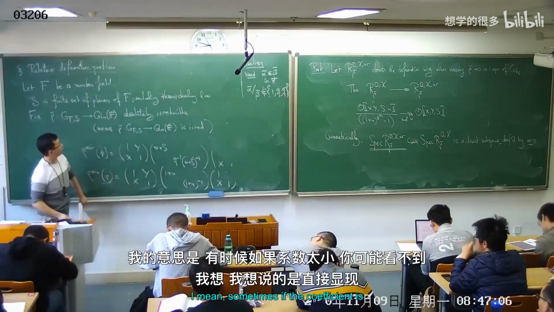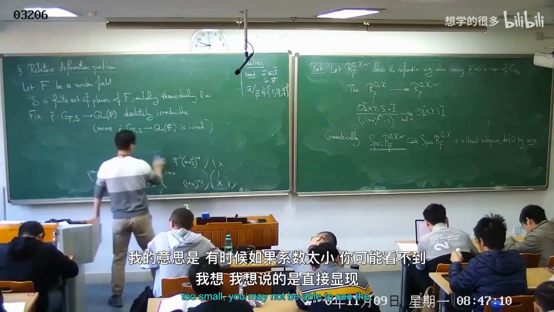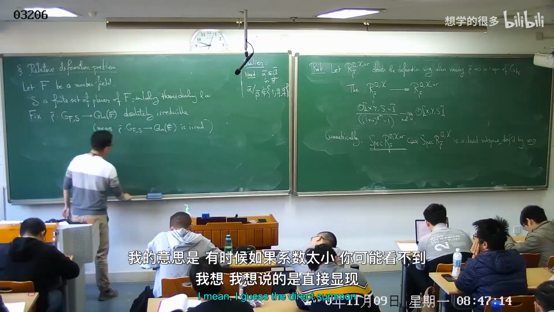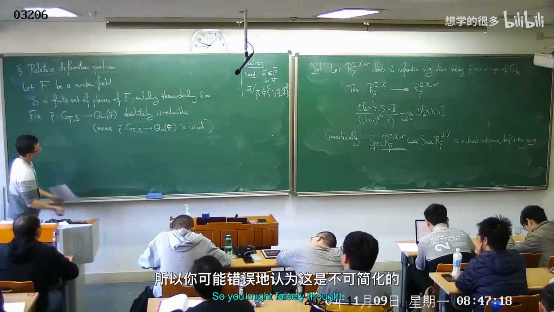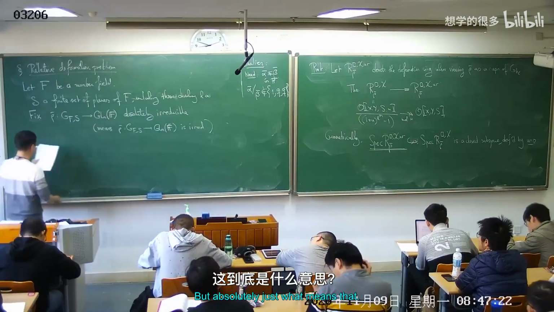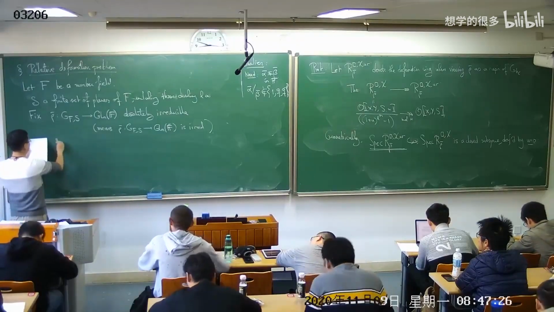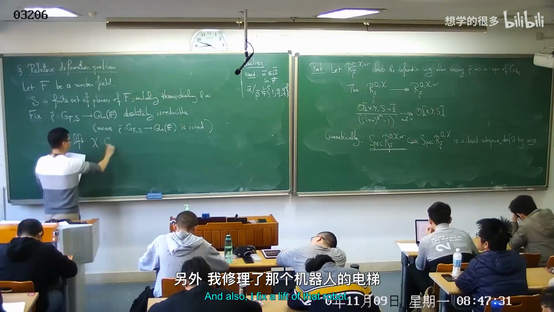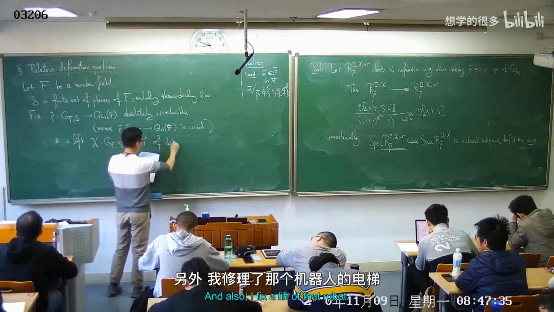Sometimes if the coefficient field is too small, you may not see the direct summand that makes it not irreducible, since it may not be defined over F. So you might falsely think it was irreducible. But absolutely irreducible means that when base changed to the algebraic closure, it's irreducible. And also I fix a lift of rho bar.